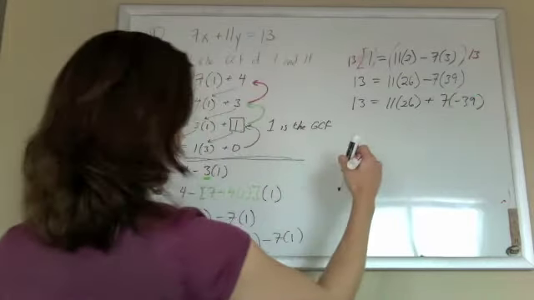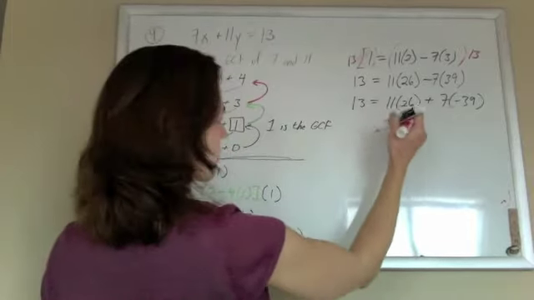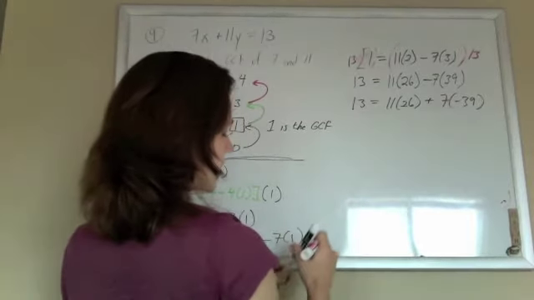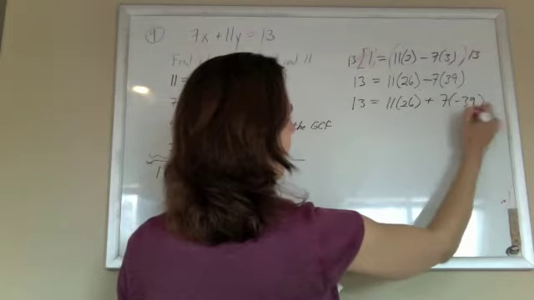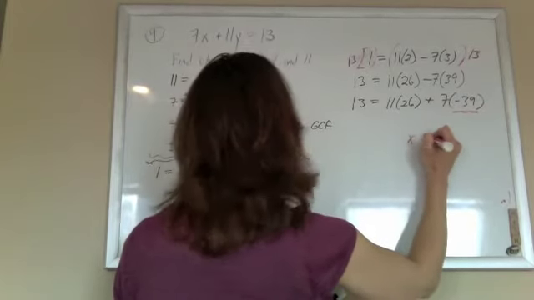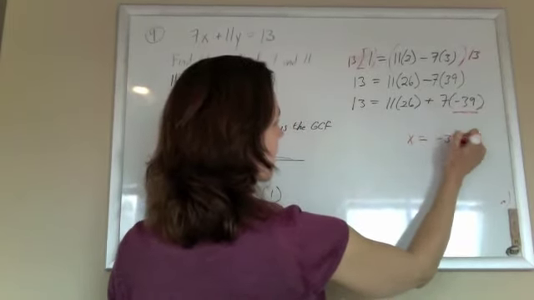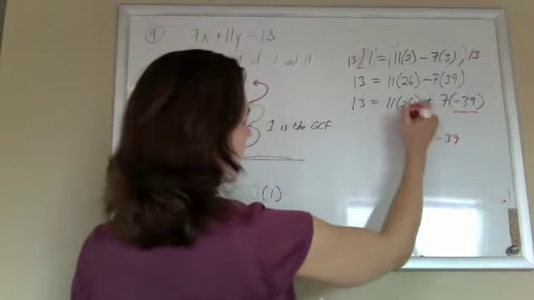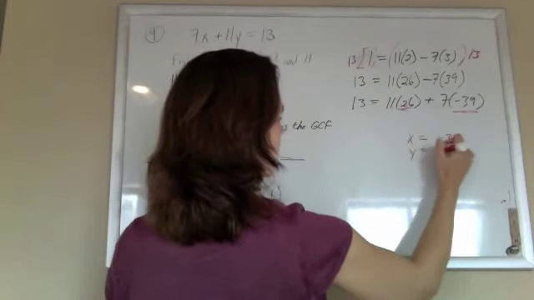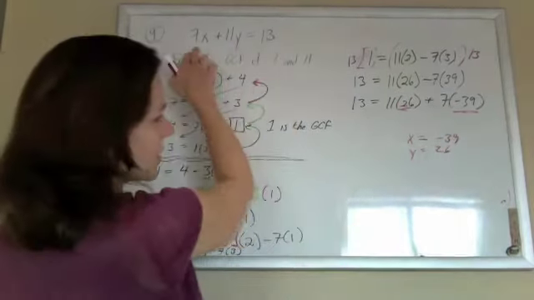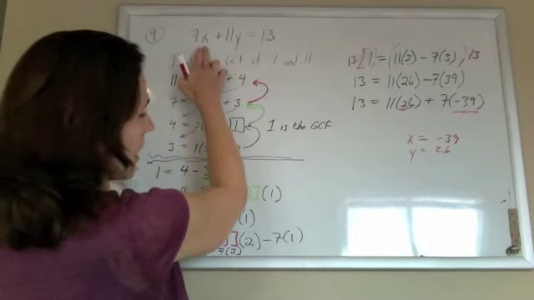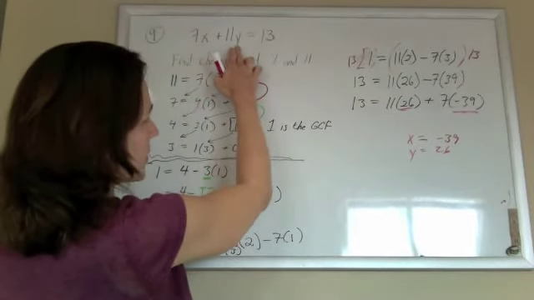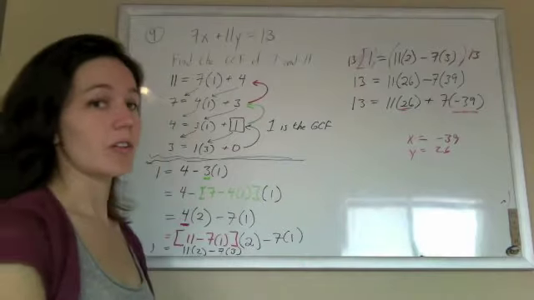And that way you can see, you just sort of rearrange it, that your x is negative 39 and your y is the 26. So 7 times negative 39 plus 11 times 26 should give you 13.